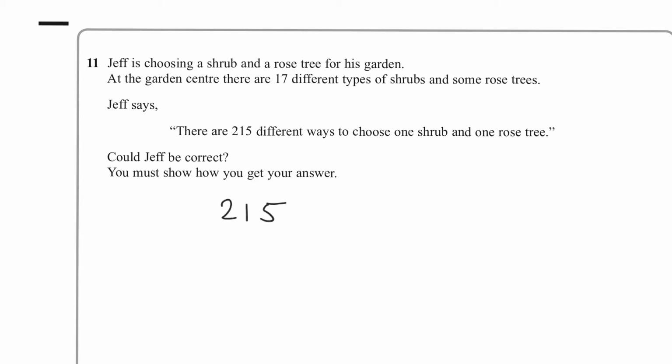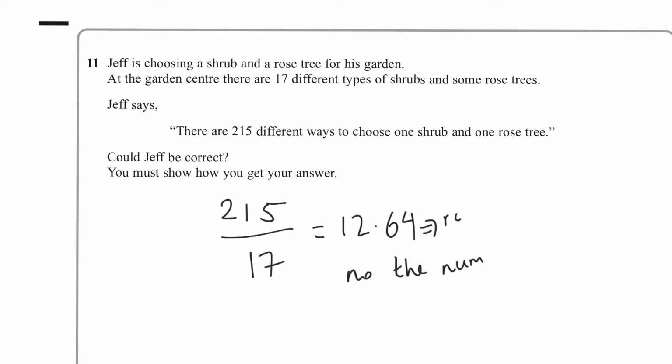but there are 17 different types. So if you do how many different ways divided by how many different types, you get 12.64. And the problem is that this is not a whole number. So because this is not a whole number, there aren't 215 different ways. Because if it was a whole number, then yes, you could say that there are 215 ways. So this number is equal to the number of rose trees.